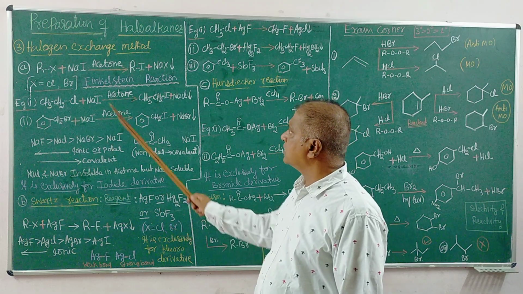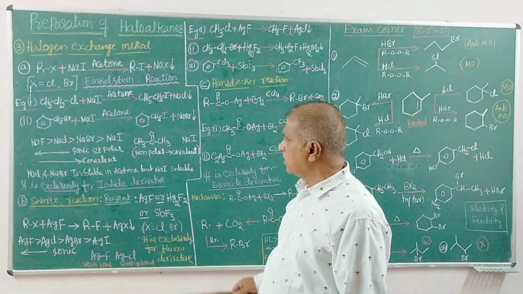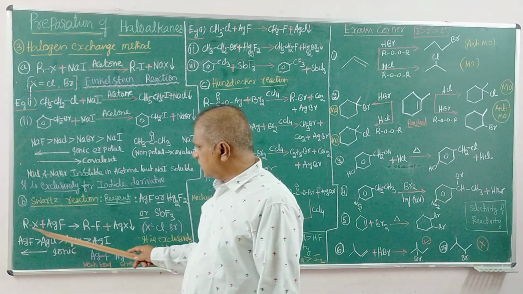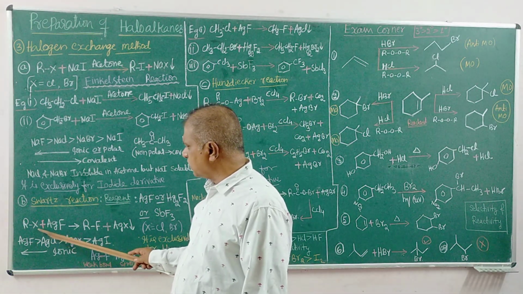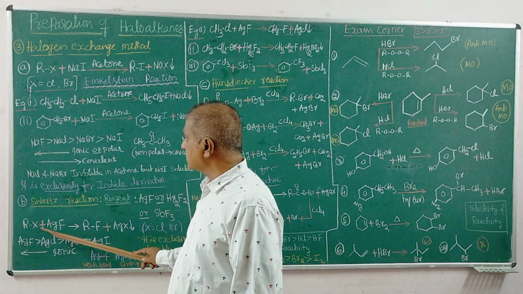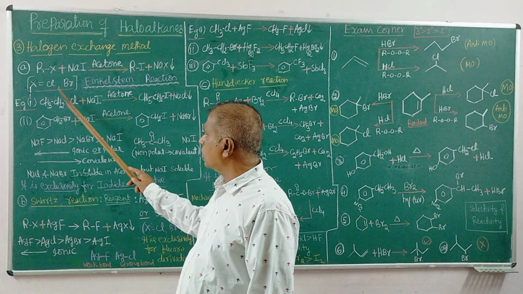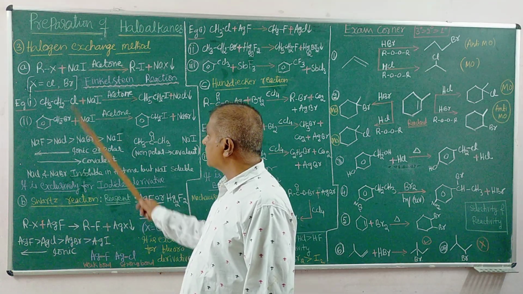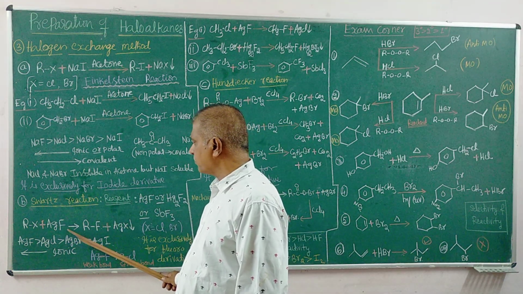In the other halogen exchange method, let us see the reagents. The reactant remains the same, RX, where X stands for Cl and Br, chloro and bromo. Here the reagent is different. In place of NaI, I am using AgF.